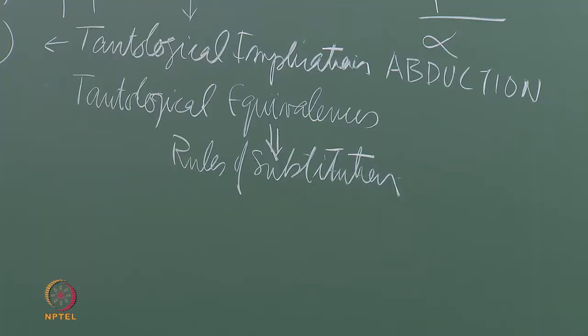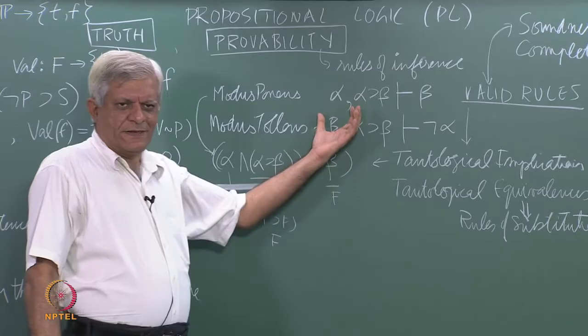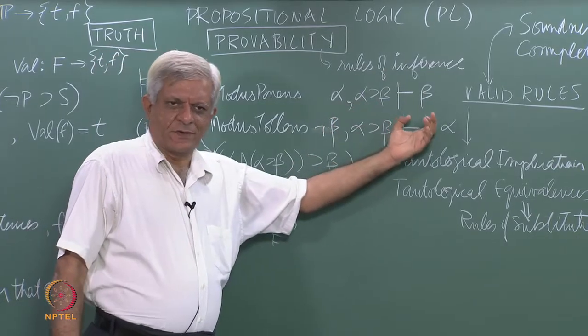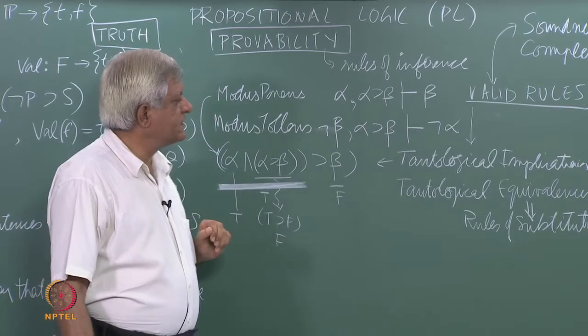These rules of inference have a sense of direction, in the sense that you have to be given the stuff on the left hand side, and then you can produce the formula on the right hand side. So, you can go from left to right.